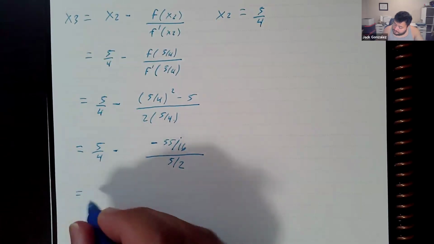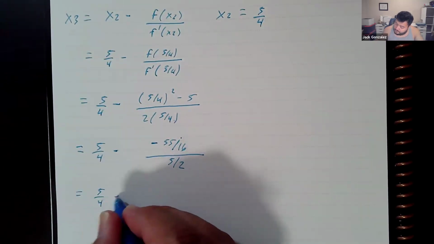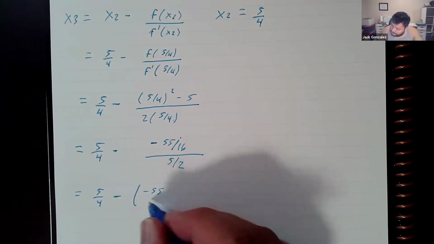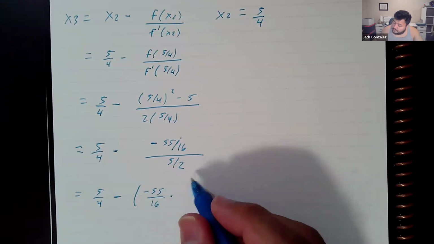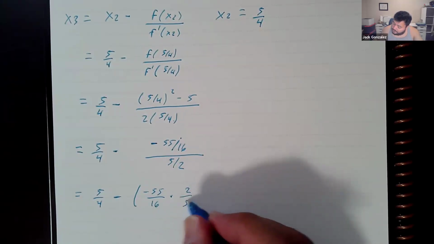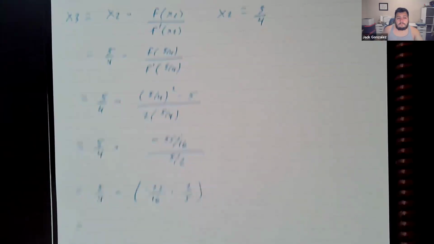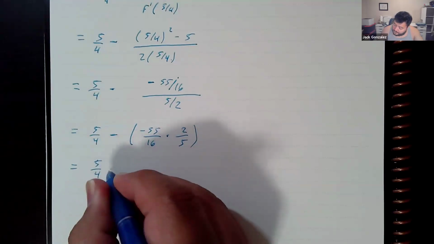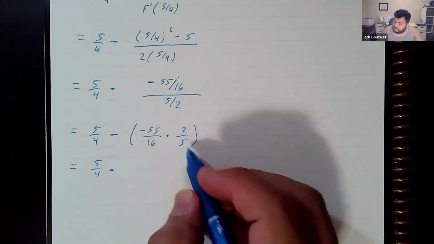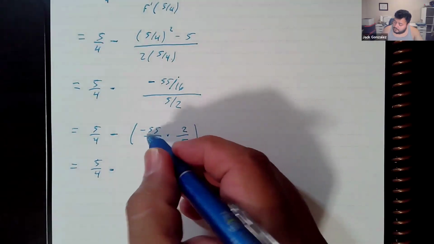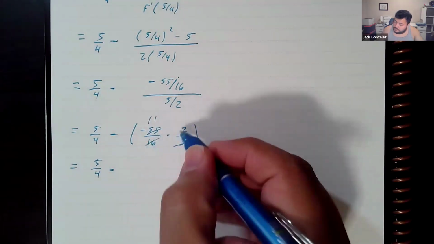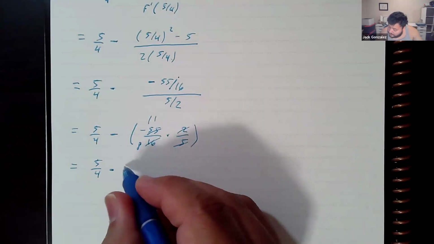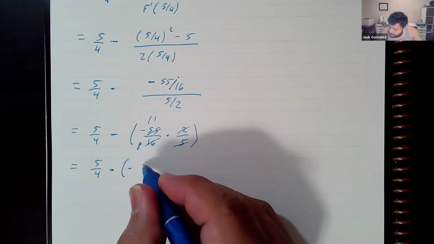Divide this nonsense. It'll be negative 55/16 times 2/5. So that'll become, 5 cancels with the 55, 2 cancels with the 16, so that'll be negative 11/8.